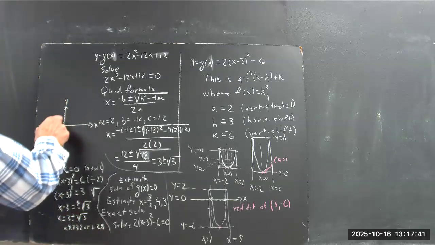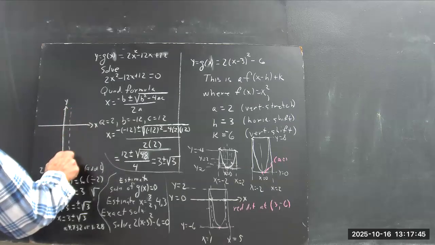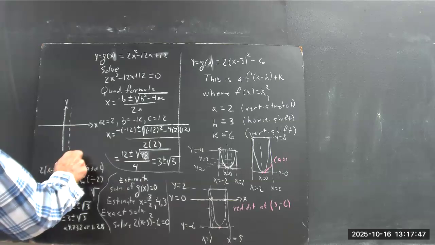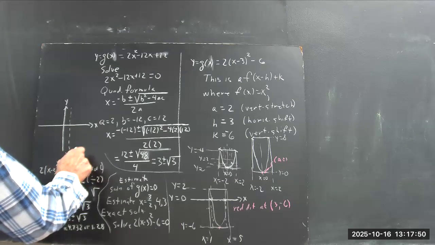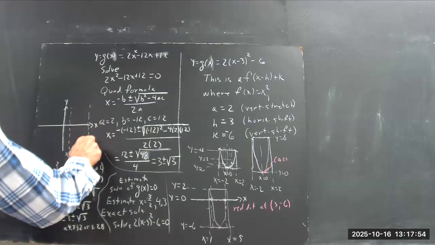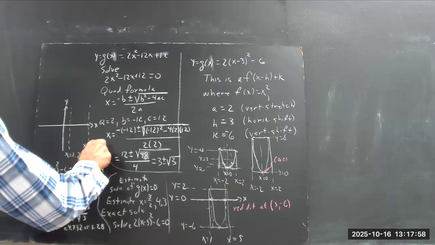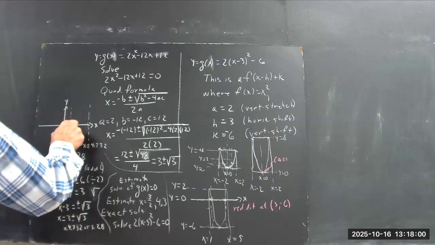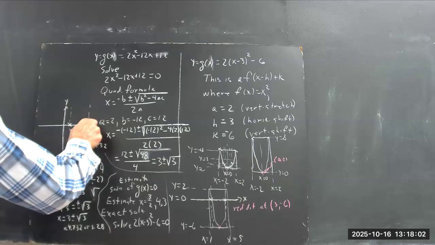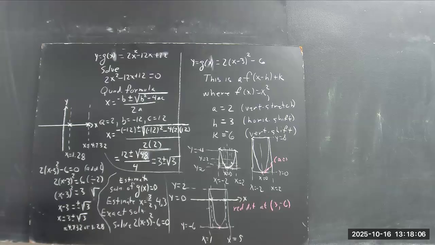So we can say, okay, x equals 1.28 here, and it equals 4.732 out here. Y is 0 at those points, so those are x-intercepts. Okay?